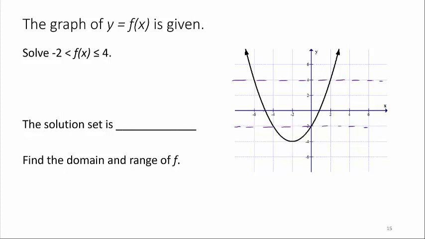So where does that happen? At y equal -2, we have open dots, because we have -2 strictly less than f of x, and we have less than or equal to at the other endpoint of 4. Okay, so I'm going to shade the stuff that happens between these two lines.